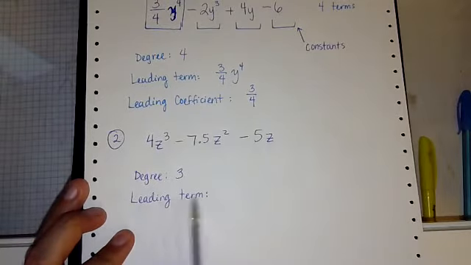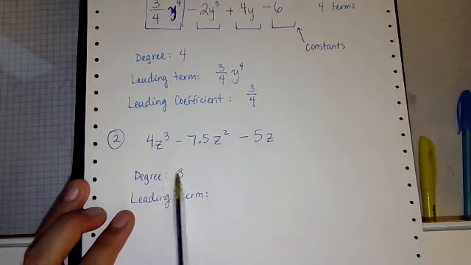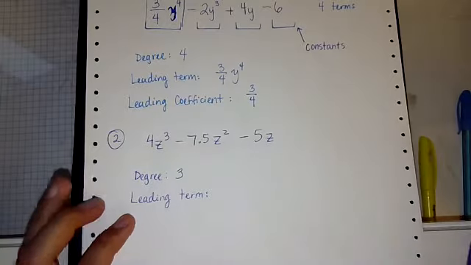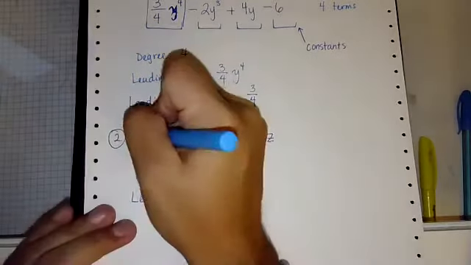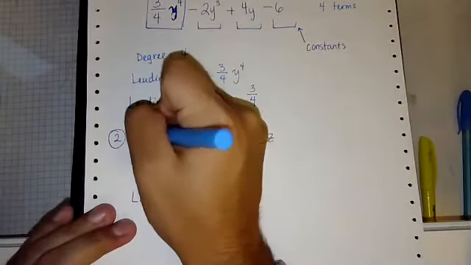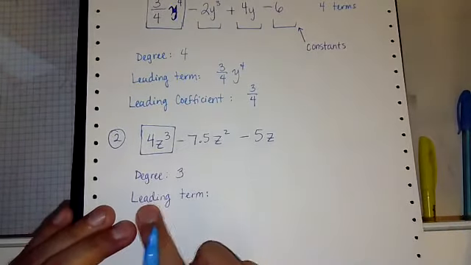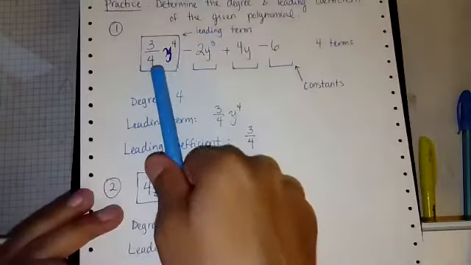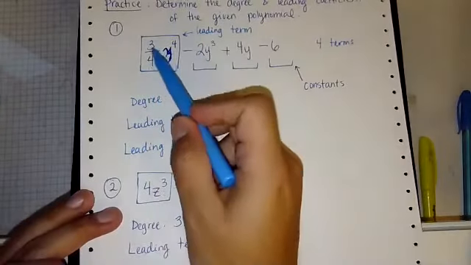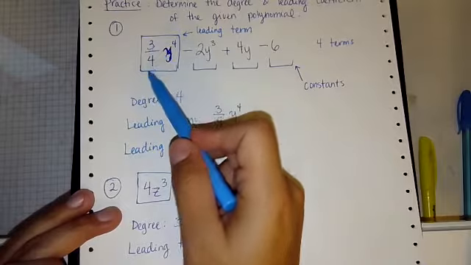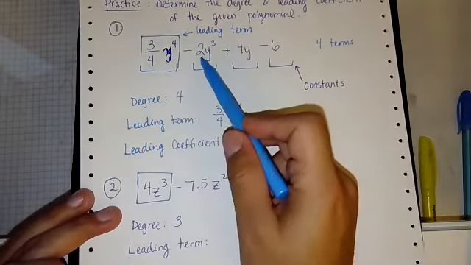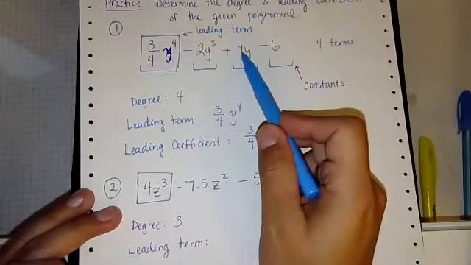But remember, the leading term has to do with the monomial term that has the highest exponent. So once you've identified this as the highest exponent term, then that's the only thing that you're focused on, right? Leading term doesn't mean the biggest number, because certainly in this example, 3/4 is smaller than 4, right?